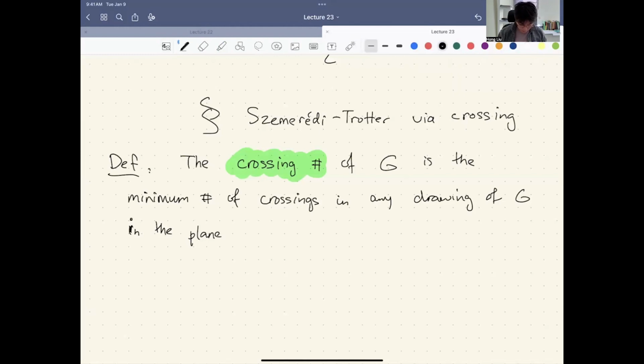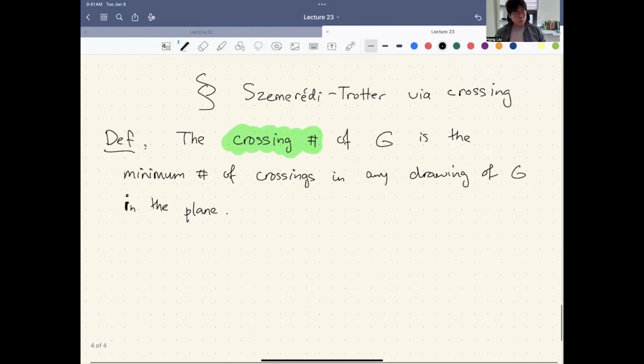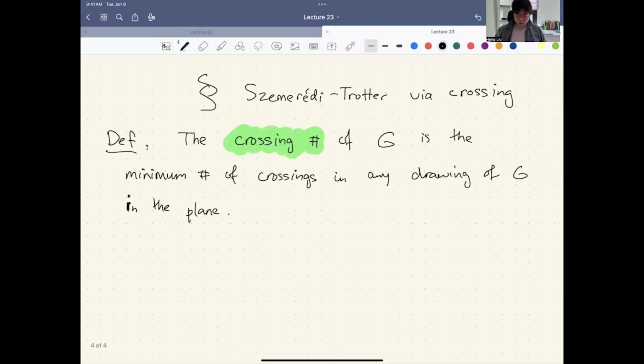Okay. So for example, a planar graph, meaning one that can be drawn on the plane without crossing, has crossing number 0.